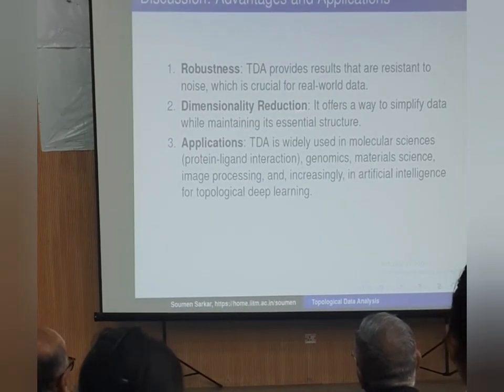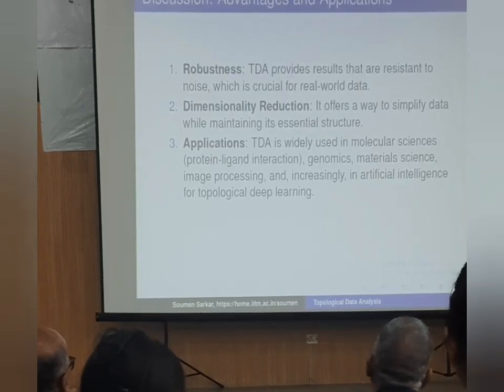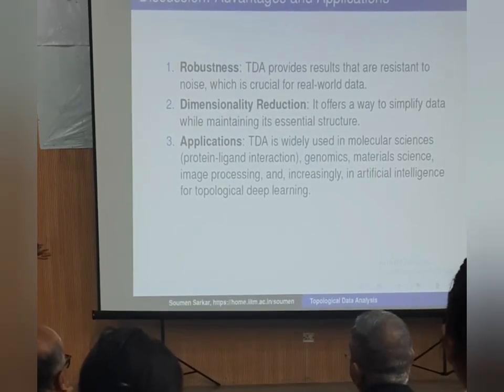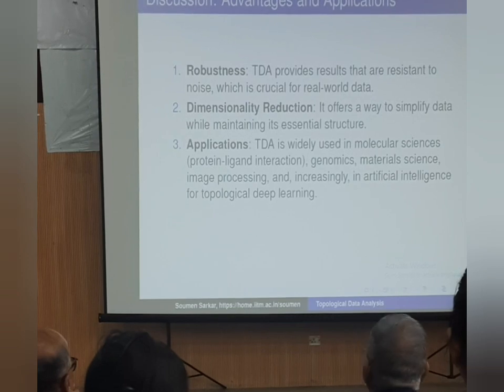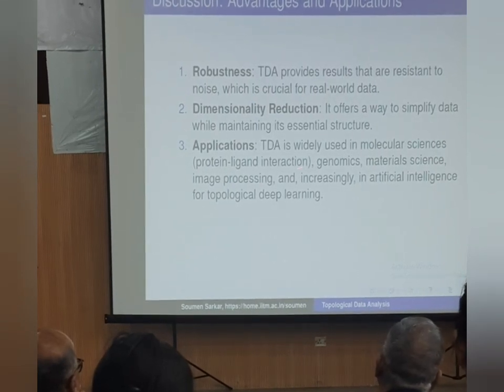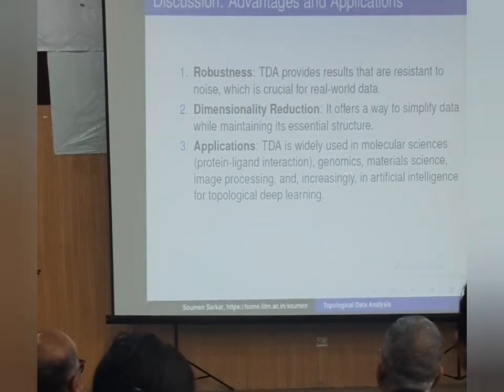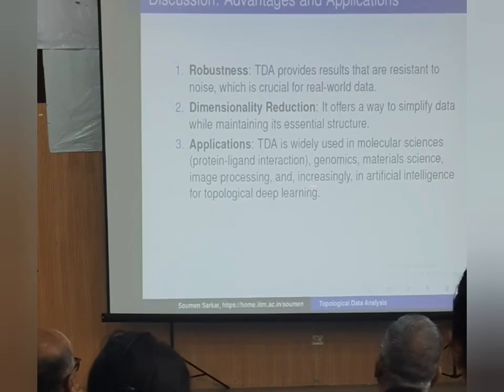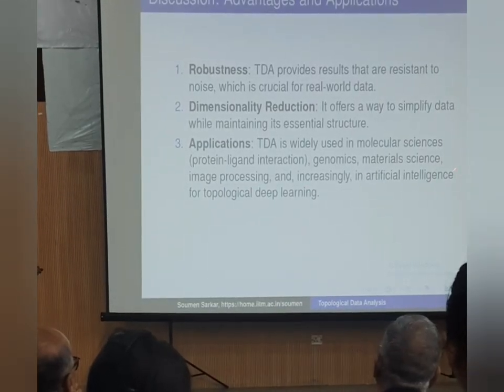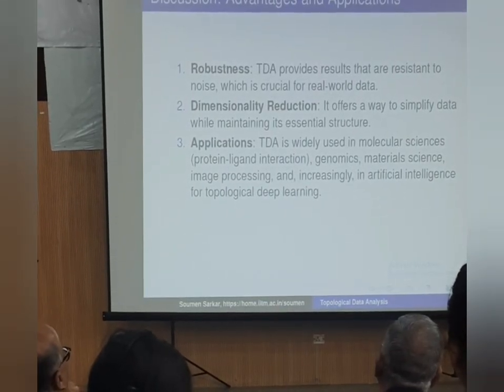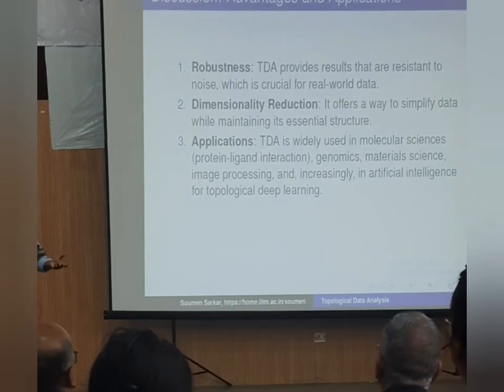We use dimensionality reduction such that the property of the data will not change. So it is now applied in many places: genomics, material science, image processing, and here we can see how many open problems we get.